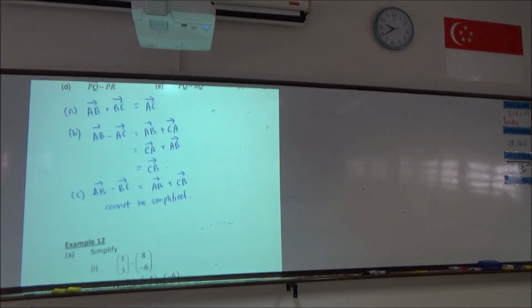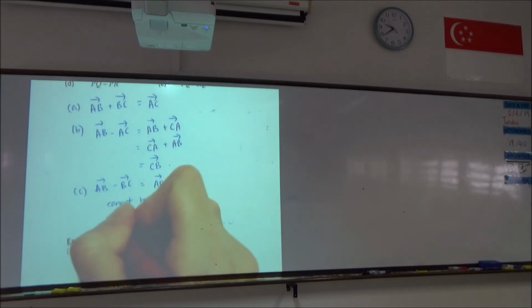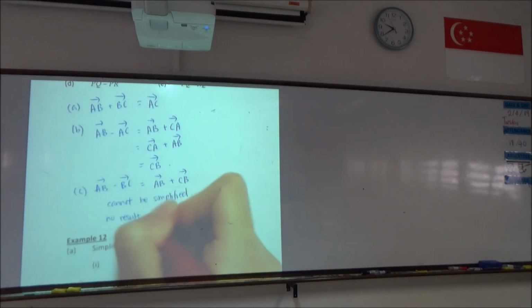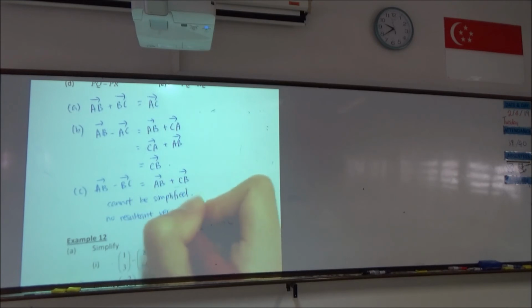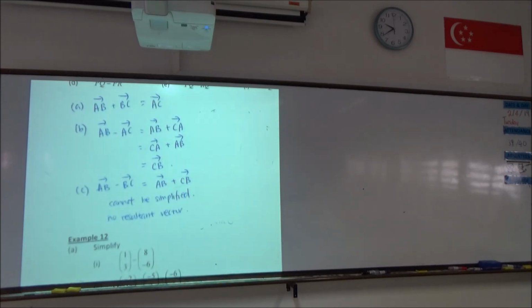Okay, so in other words, also this cannot be simplified. That means there's no resultant vector out of this also. Because they are two separate vectors.